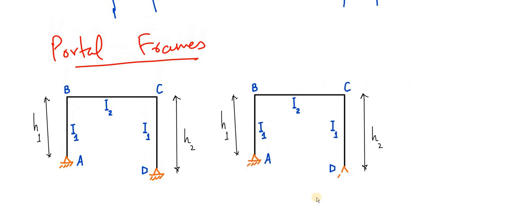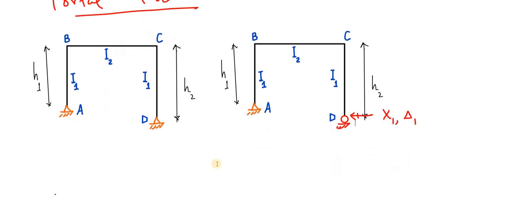So this is going to be a roller support, and we will have this redundant considered over here. X1, delta 1 is the displacement measure along this. So this is that direction that we have taken as redundant.